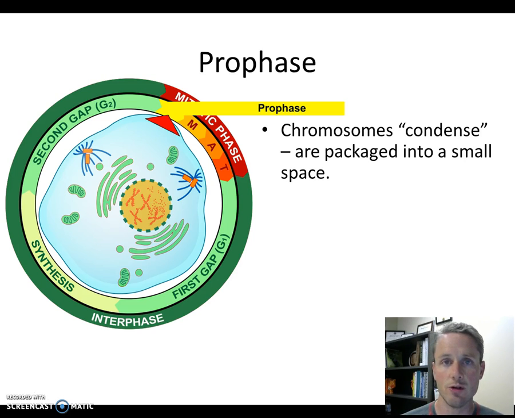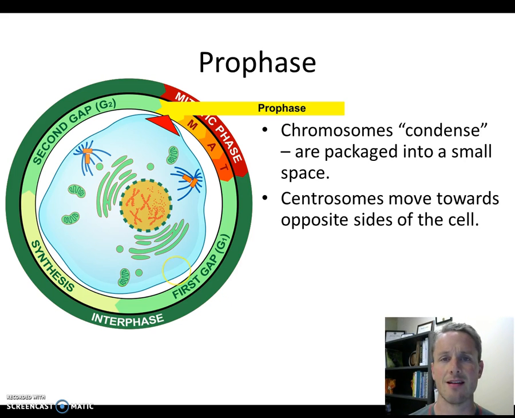When you're moving, you do this kind of activity. You take all your stuff and you pack it into boxes because it'll be easier to move around if it's all condensed into a smaller package. And that's what our cell is doing. So we can see these chromosomes here in the nucleus. They are condensed down to small structures that we can observe. We'll look at some pictures later on.